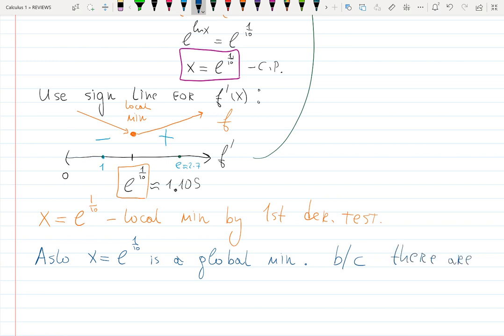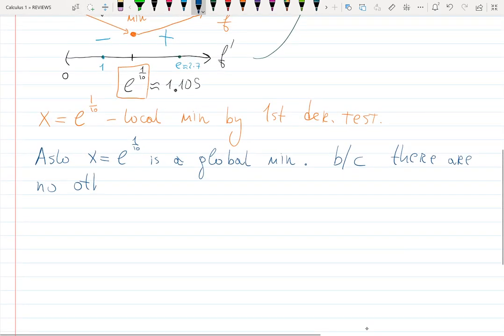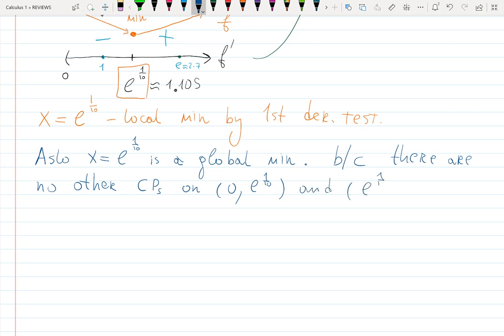There are no other critical points on the interval from 0 to e to the 1/10 and from e to the 1/10 to infinity.